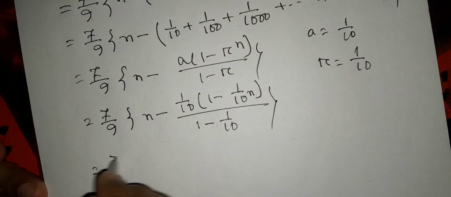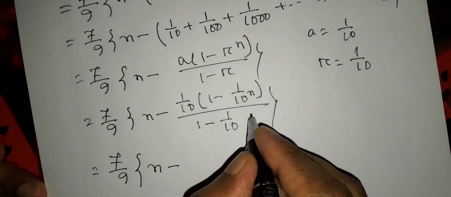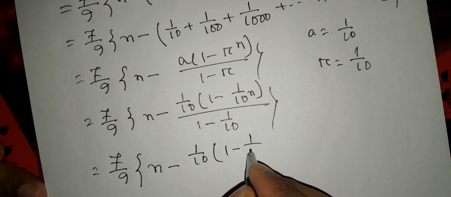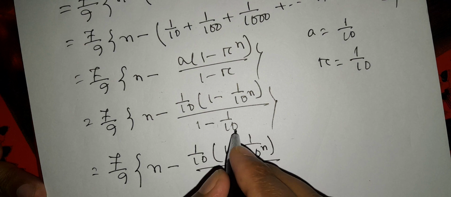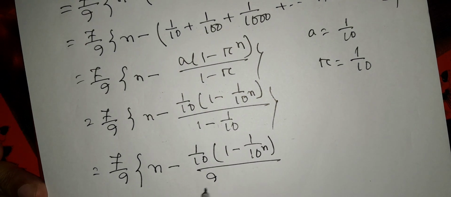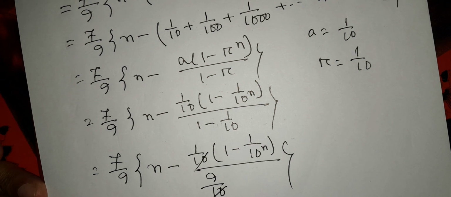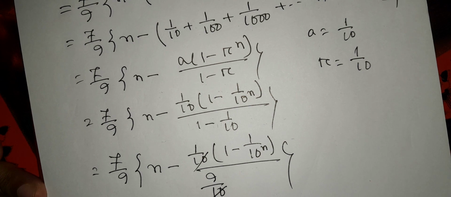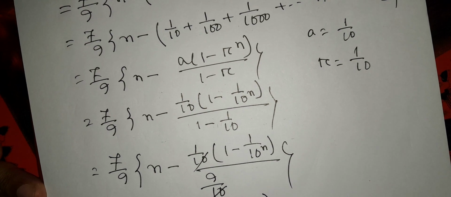Okay, 7 by 9 times n minus 1 by 10 times (1 minus (1 by 10) to the power n) by 9 by 10. Here 10 and 10 cancel. 7 by 9 times n minus (1 minus (1 by 10) to the power n) by 9.